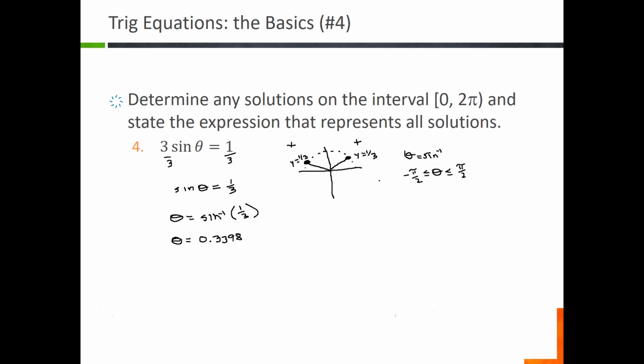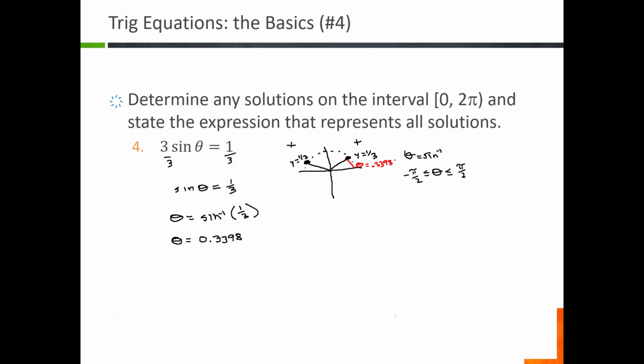So how do we find the second angle? Let's think about what that 0.3398 represents. It is the angle from the x-axis to the point on our circle. This angle here is 0.3398.